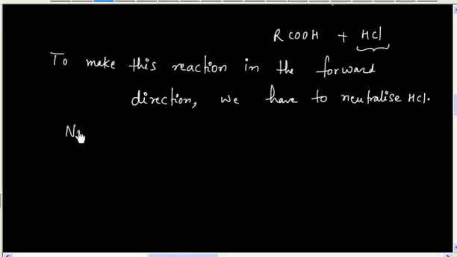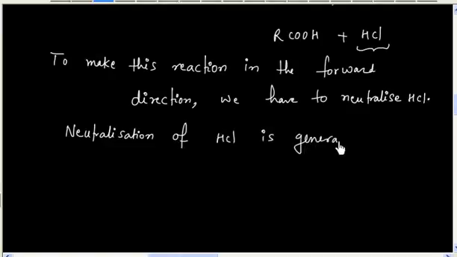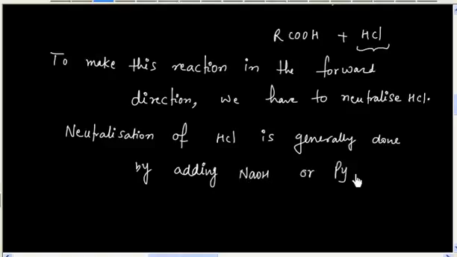So neutralization of HCl is generally done by adding NaOH or pyridine. Pyridine is a base.